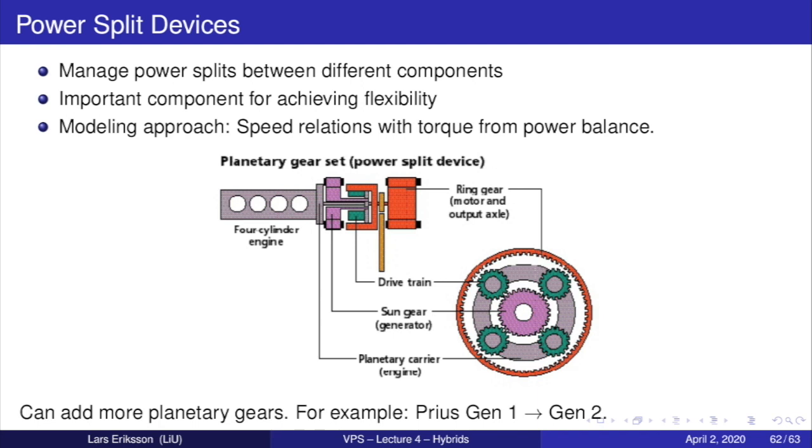It's also possible to add more planetary gears. For example, Prius Generation 1 had only one planetary gear, while Prius Generation 2 has 2 planetary gears, and they have also added a torque lockup feature to the planetary gears to improve the efficiency, so that you don't need to have that generator loop as you had in the Generation 1 Prius.